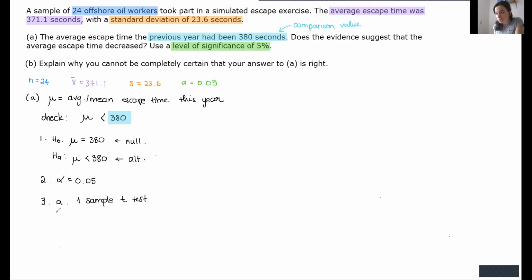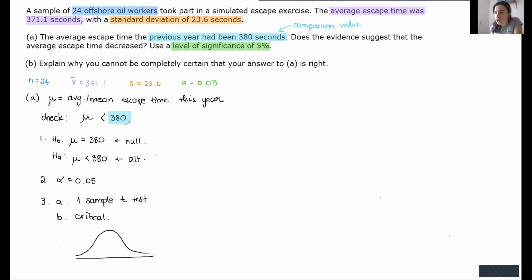The second thing is to determine the critical value. The critical value is the number that separates what's normal from what's rare, what's usual from what's extreme. So here we're going to have some kind of distribution.